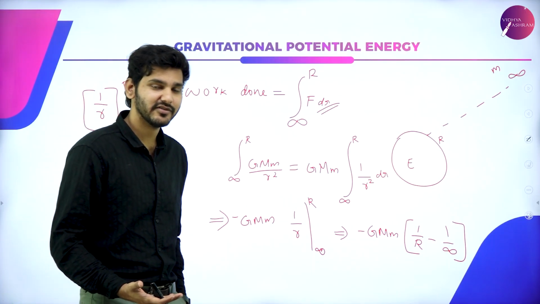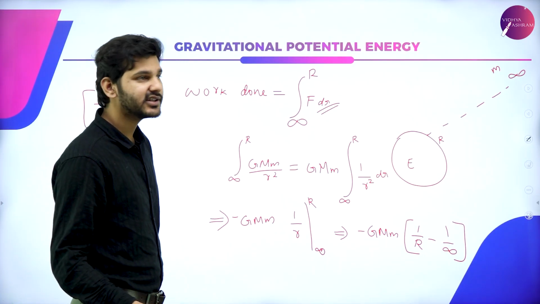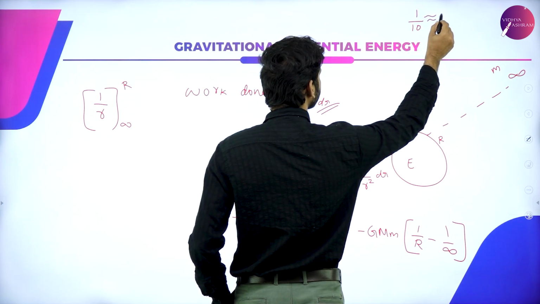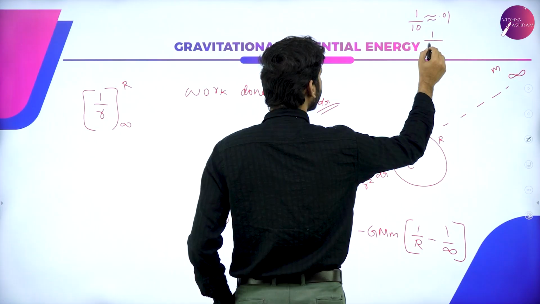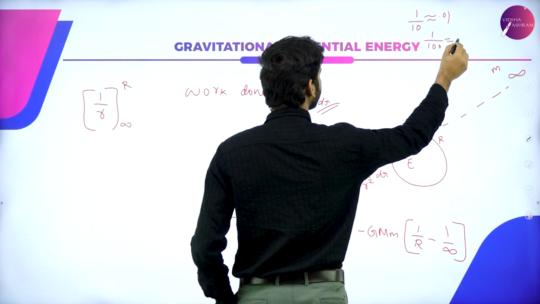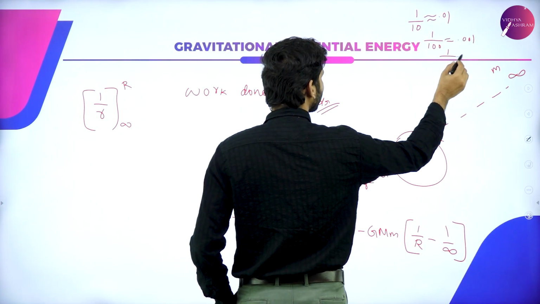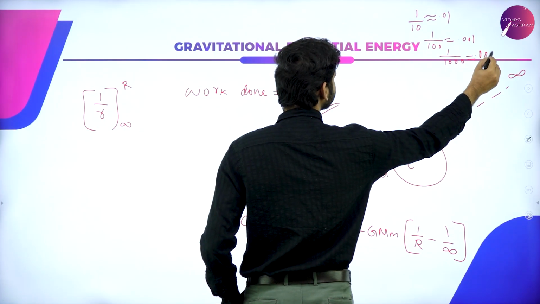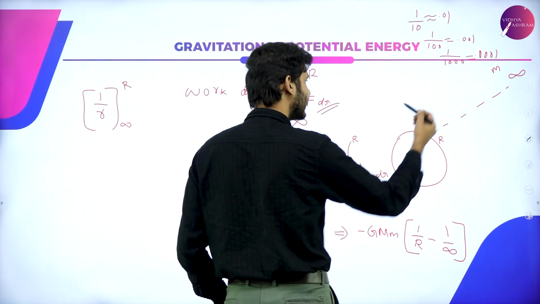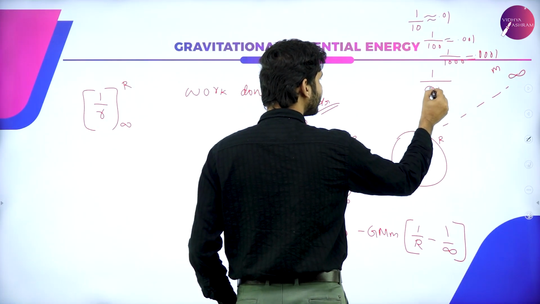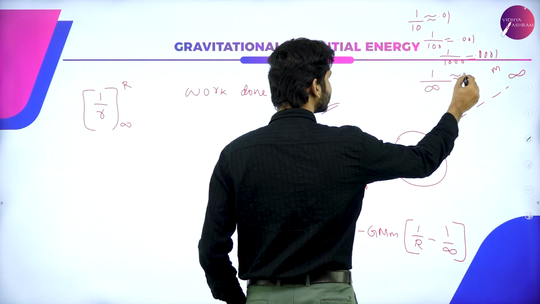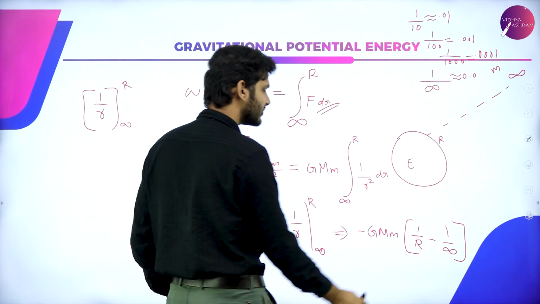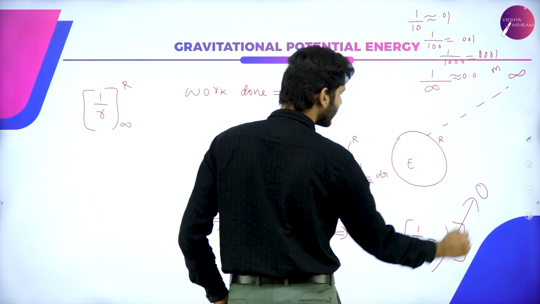What is 1 by infinity? 1 by infinity is nothing but 0, because imagine 1 by 10, it is approximately equal to 0.01. 1 by 100 is equal to 0.001. 1 by 1000 will be equal to 0.0001, right? And like that, if I do 1 by infinity, it will be approximately equal to 0.0000000, which means it is approximately equal to 0.